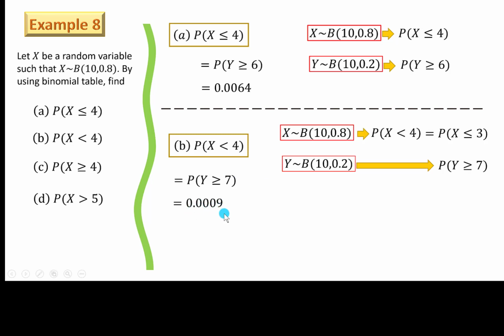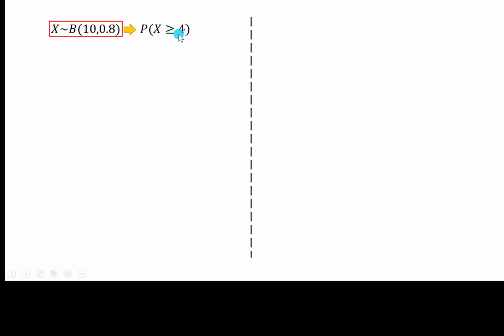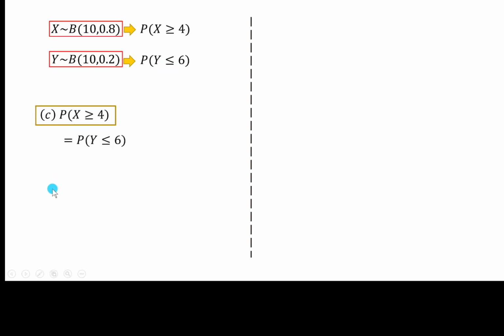Question C, probability X greater equal than 4. So we change into the Y variable. It becomes Y less equal than 6. To get the answer for a less-than probability, we must do 1 minus.